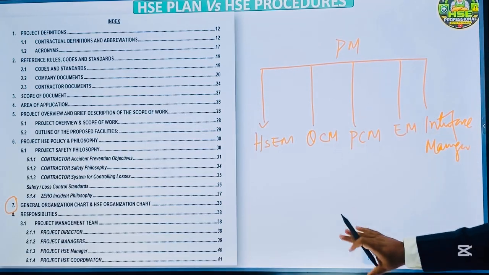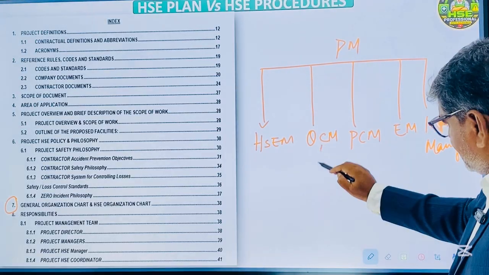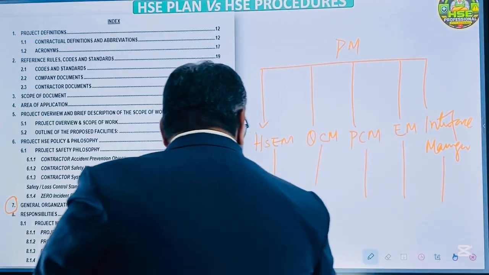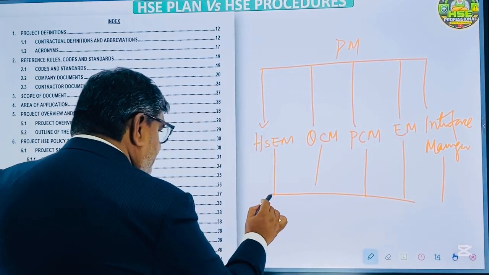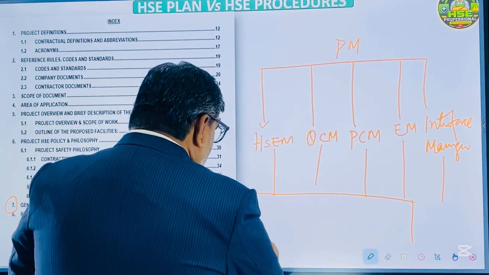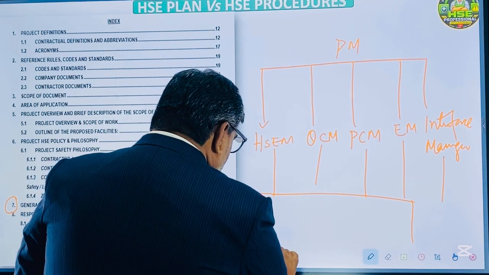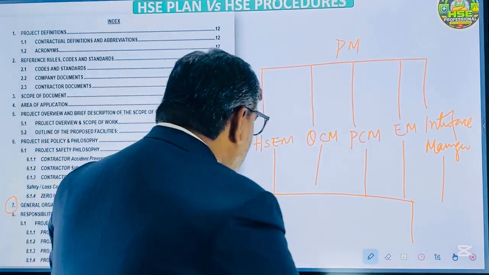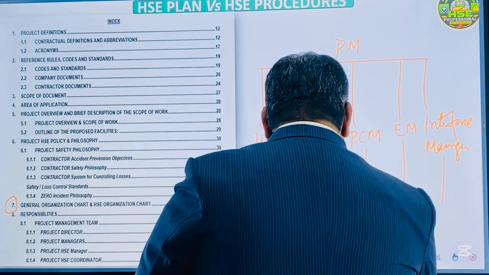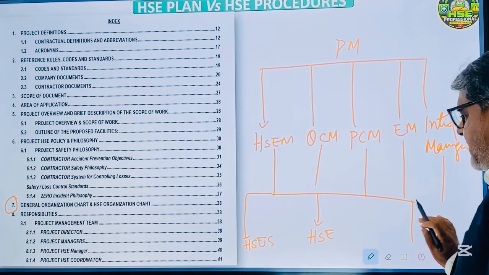Okay, so this is called complete organization chart. Then it has its own department, they have their own department. Then HSE, we can go for HSE here because we are talking about HSE manager, then HSE supervisor, HSE engineers, environment coordinator.